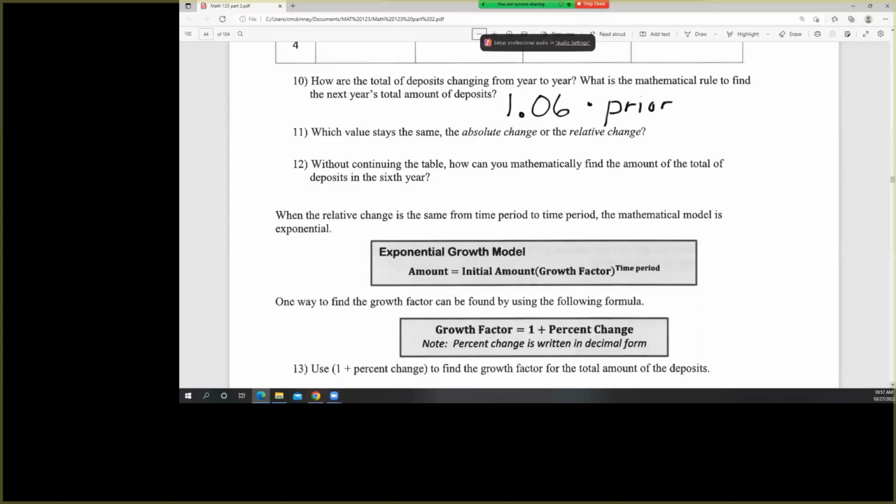You could make the prior year X or whatever you'd like. So which one's staying the same here, absolute or relative? Relative, obviously, right?